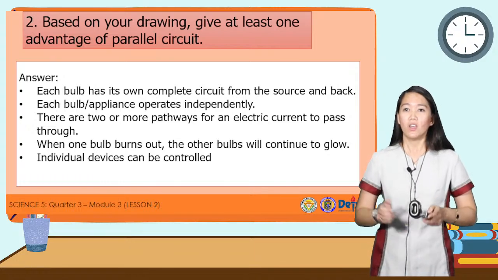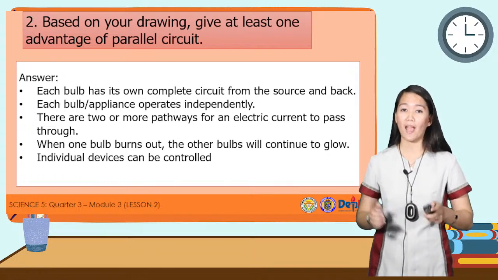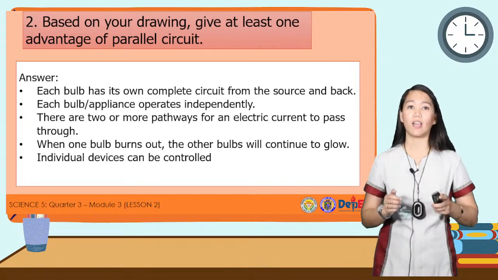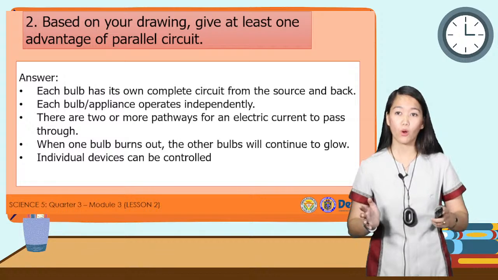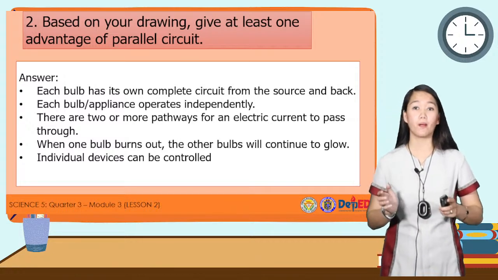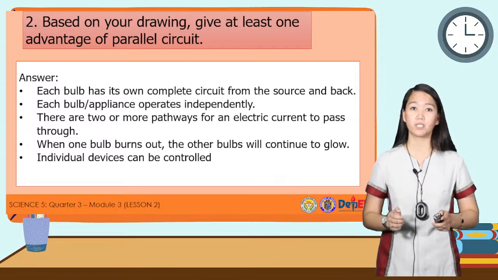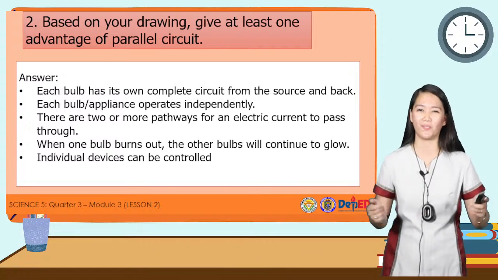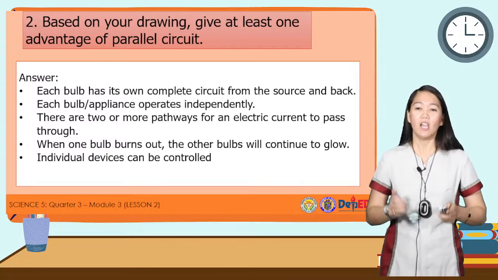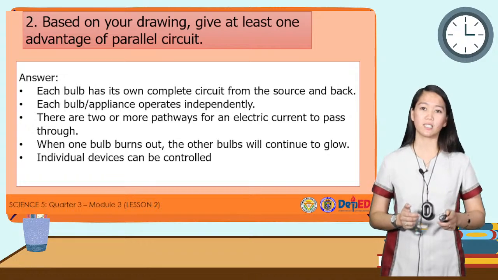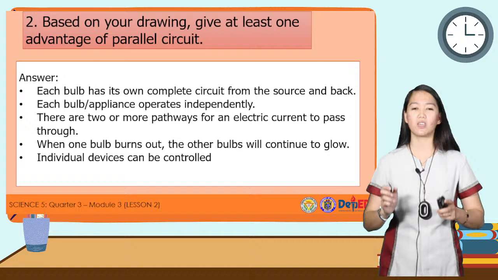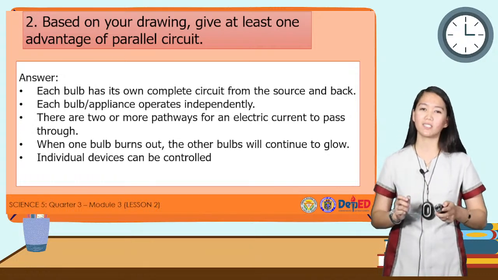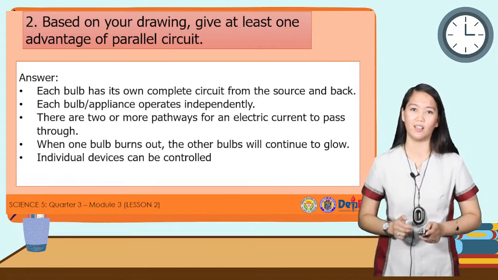Third, there are 2 or more pathways for an electric current to pass through. The fourth one, when one bulb burns out, the other bulbs will continue to glow. And the last one, individual devices can be controlled. If you got these correct answers, then you are very good learners.